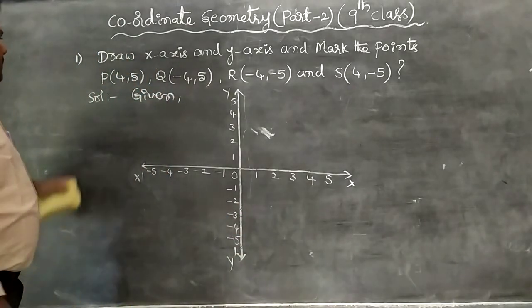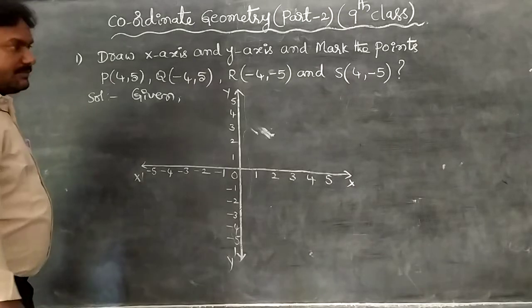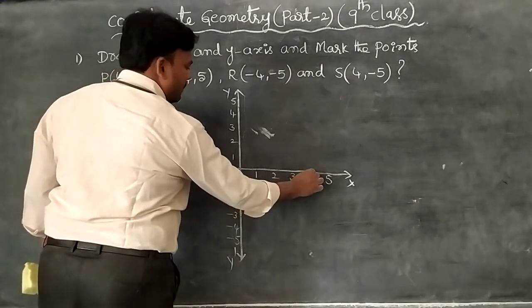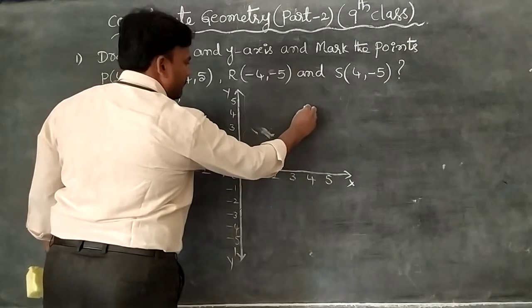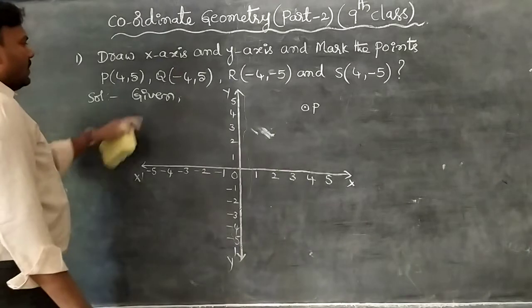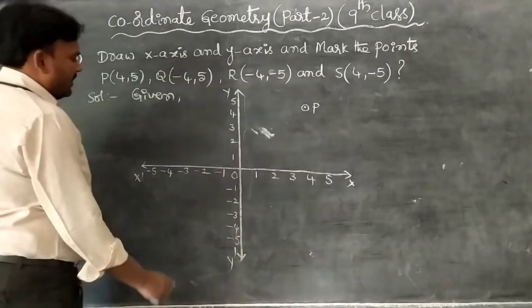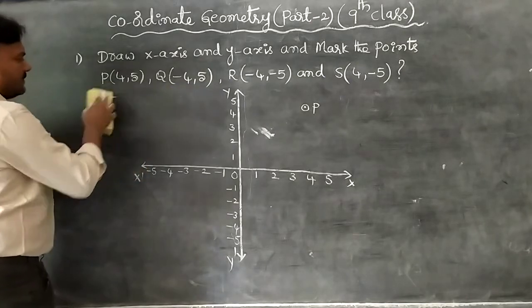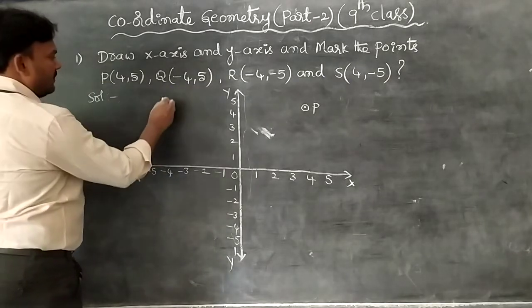First, point P is (4, 5). The x value is 4, the y value is 5. So, like this, this is P. Next, Q is (-4, 5). The x value is -4, the y value is 5.